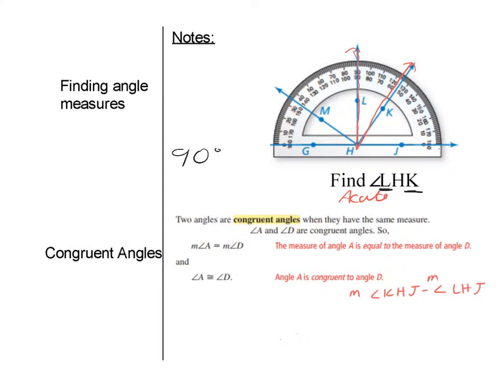And KHJ is 55 degrees. You see what I'm doing there? I'm just using this straight side with L and K and finding the difference between those two angles, and that'll give me this angle. Yes? So when I do that, what do I get? 35? So I get 35 degrees.